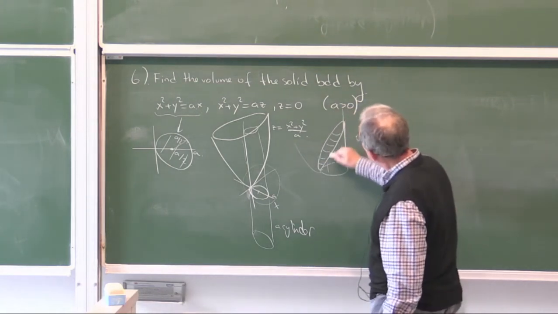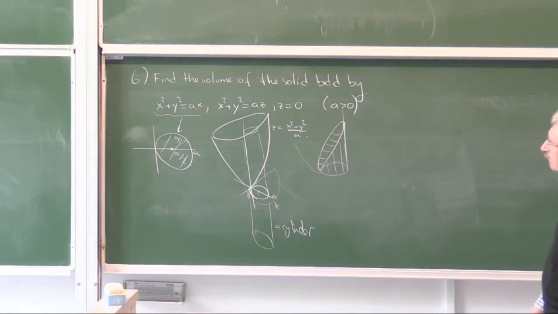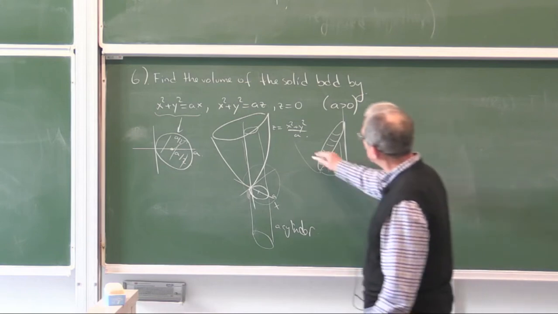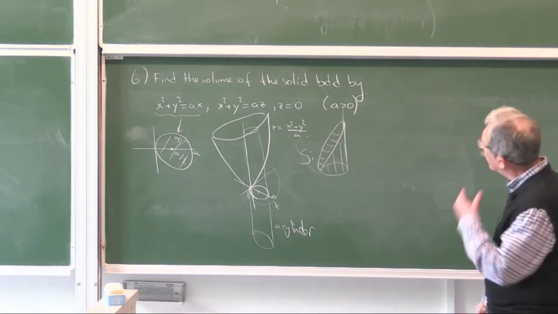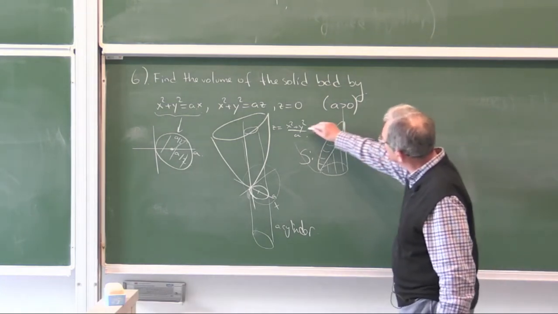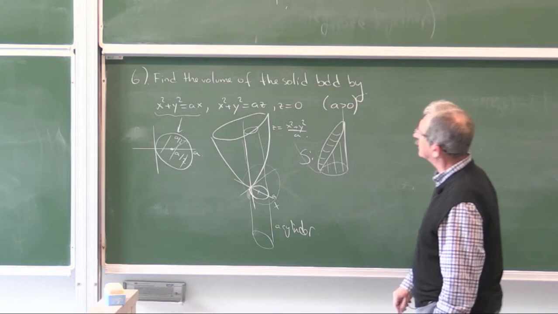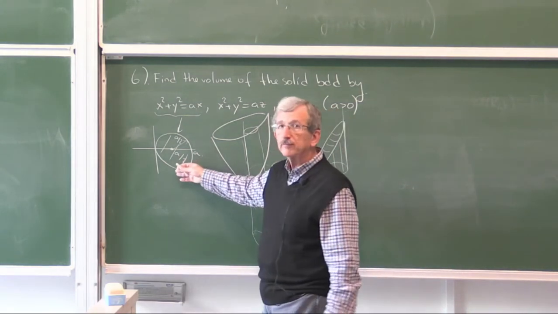The sides are vertical. Okay, so this is our S in question. So what we know from here is that the upper surface is this one and the lower surface is 0, and D, of course, is this one.